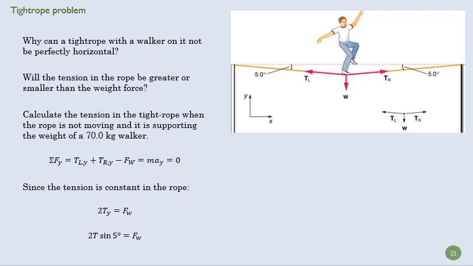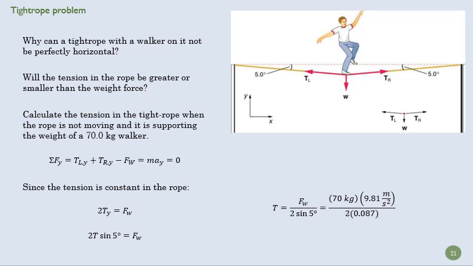And then I know that the Y component of T is going to be sine or cosine, right? The angle is here. I want the opposite as the Y component. Opposite over hypotenuse, so sine. And so I end up with 2T times the sine of 5 degrees equals FW.